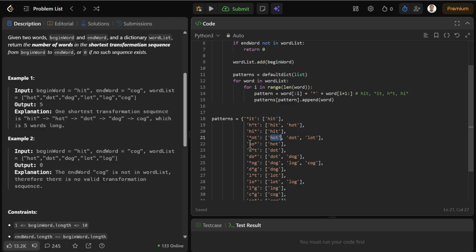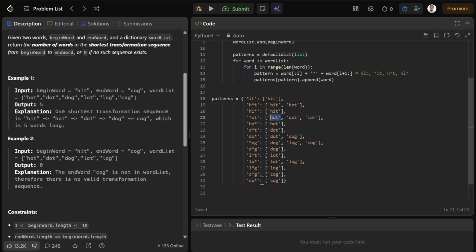And then h star t is already here. Because it's a dictionary, once the key is present, it will just append the particular word we are looking at at that point in time, which is hot. And since star o t is not part of the dictionary, it just creates it for hot.